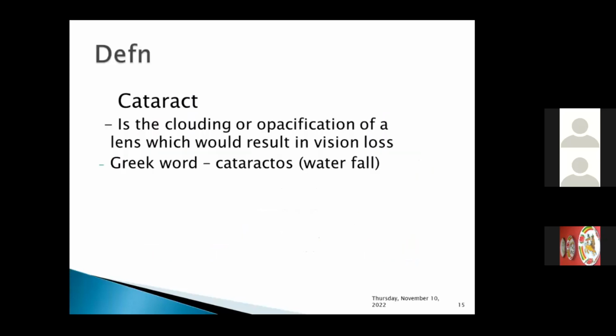As I have already said, cataract is the clouding or opacification of the lens, which results in visual impairment or blindness. The Greeks used to call it cataractos, meaning waterfall, because when you see the eye it looks like a waterfall.